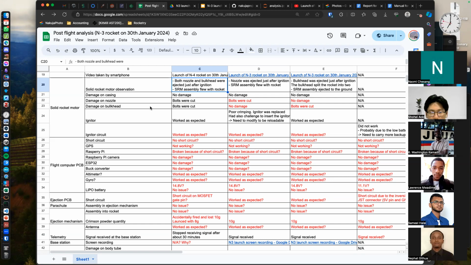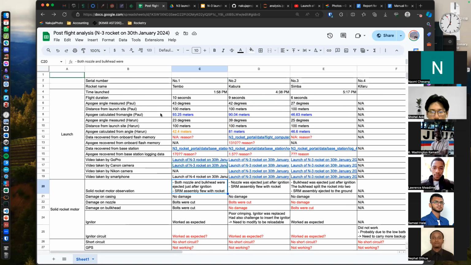Ideally, we shouldn't have done any testing in JQuad because of the higher altitude. And for the N3, apparently we are not able to do any launch or test launch.